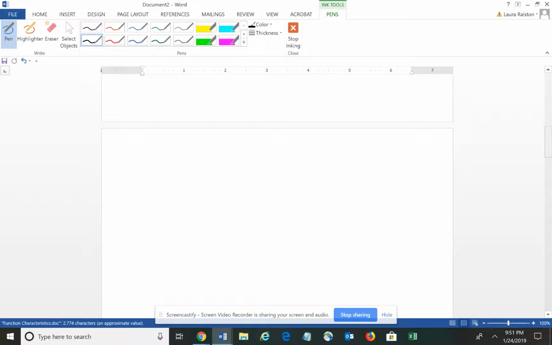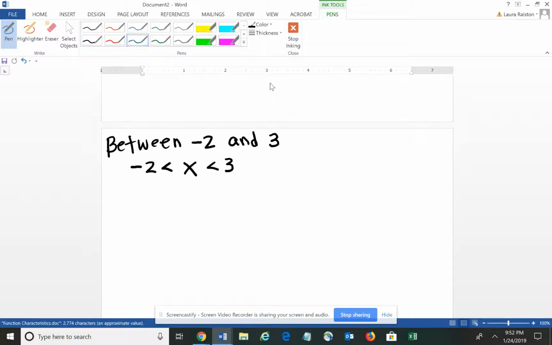So for example, let's say that we want x to be between, let's say, -2 and 3. In symbols, we would write -2 is less than x is less than 3. If you visualize that on a number line, and your number line doesn't have to be perfect, we know 0 would be in the middle, -2 would be to the left, and +3 would be to the right.